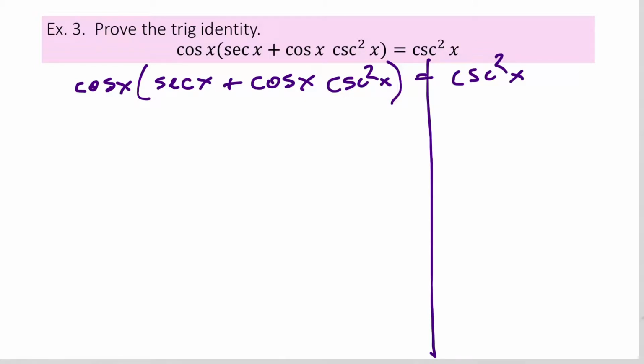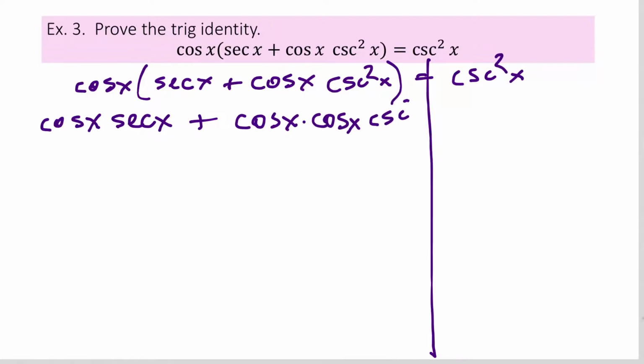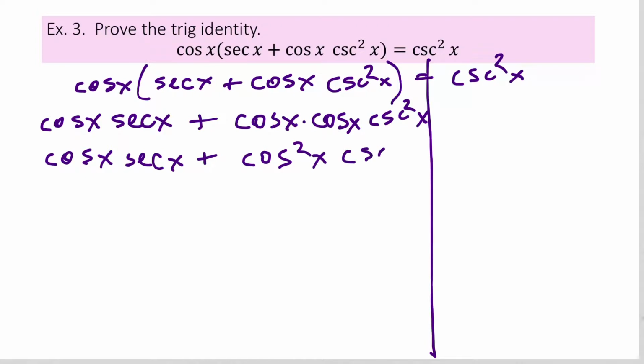So I can say that I have the cosine of x times the secant of x plus the cosine of x times the cosine of x times the cosecant squared of x. All right, so that's the cosine of x times the secant of x plus the cosine squared of x times the cosecant squared of x. So I carried out the distributing.